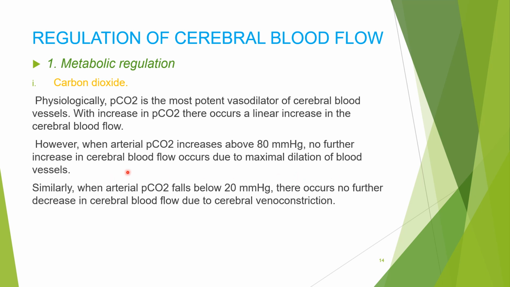So there is no further dilatation of the blood vessels, no further increase in the cerebral blood flow. Similarly, when arterial PCO2 falls below 20 mmHg, there occurs no further decrease in cerebral blood flow because the cerebral blood vessels have already constricted to their maximum. Okay, so between 20 to 80, there is a linear increase in the cerebral blood flow when the PCO2 increases in the blood.